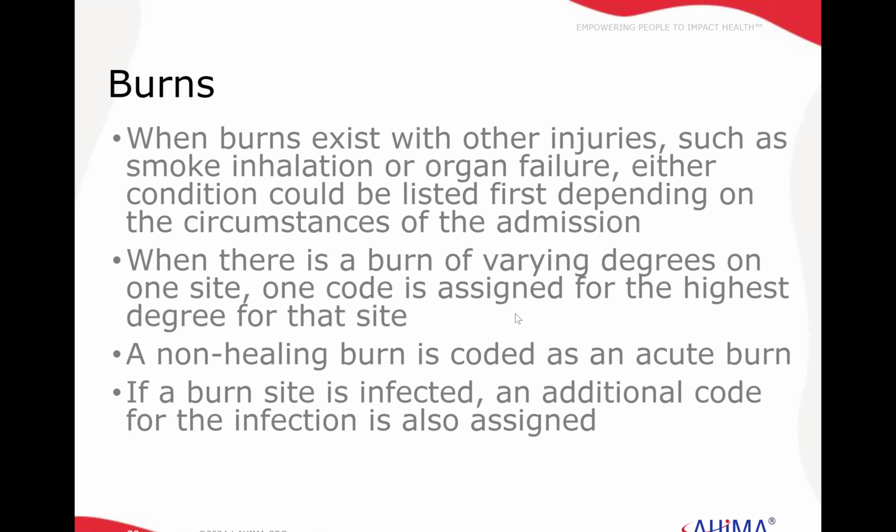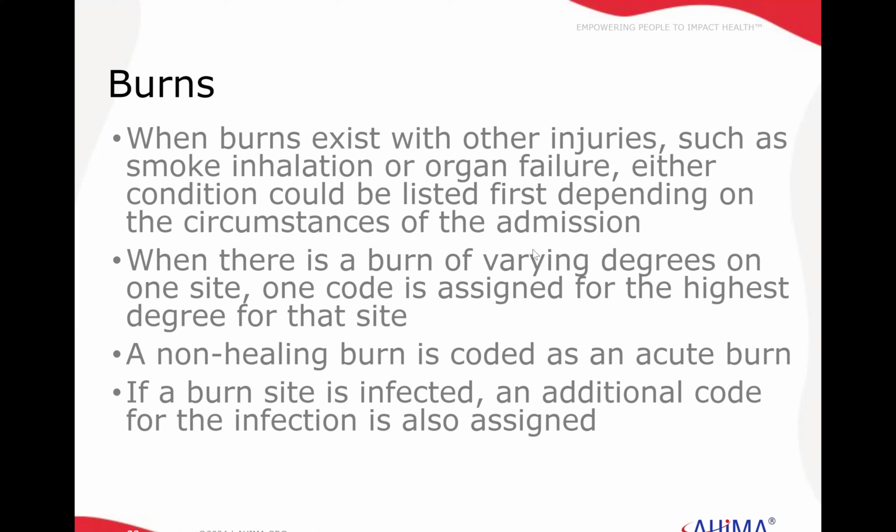When there's a burn of varying degrees on one site, one code is assigned for the highest degree on that site. So we only use that one burn code, but if there's a third-degree burn on one site, along with a second degree proximal to it, we're still going to code for just the third degree. And a non-healing burn is coded as an acute burn.